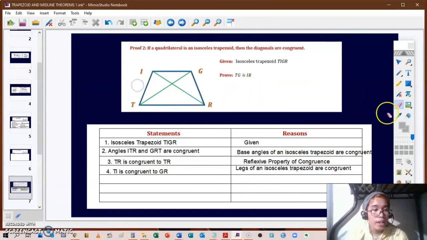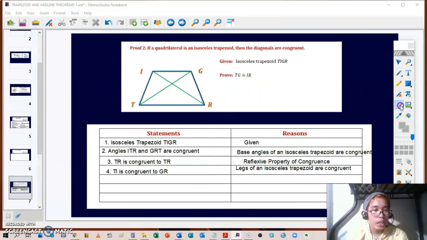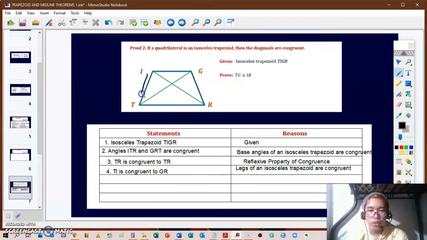So we can now see here that we have two sides that are congruent, TI or IT and GR, and also we have TR is congruent to itself, and also we have two angles ITR and GRT that are congruent to each other.